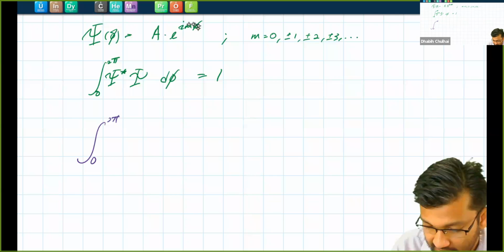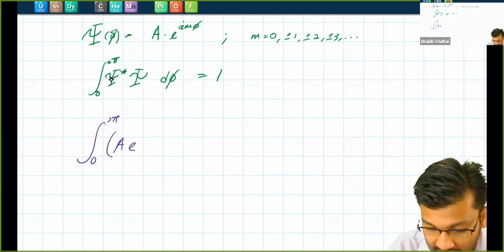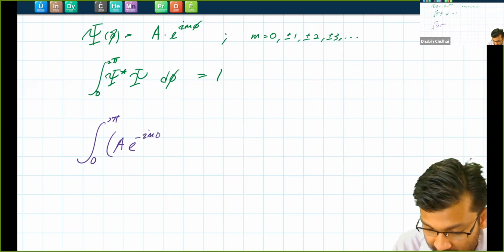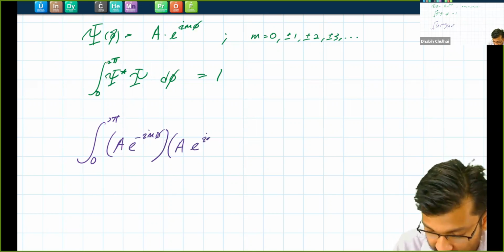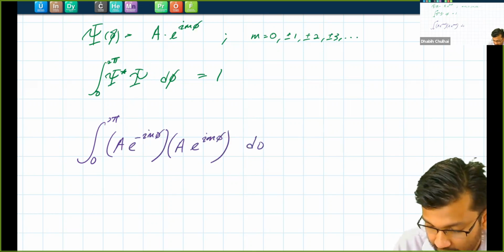It's the complex conjugate times the wave function itself. So it's a times, remember for the complex conjugate, whenever you see i, you change it to negative i, so it'd be negative i m phi, times the original wave function, e to the i m phi, d phi.